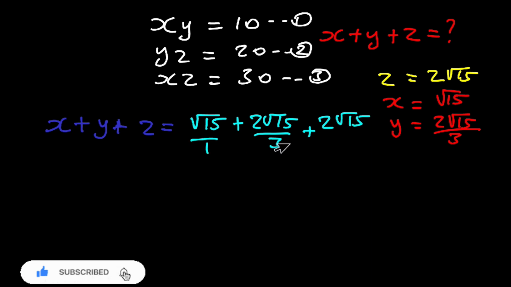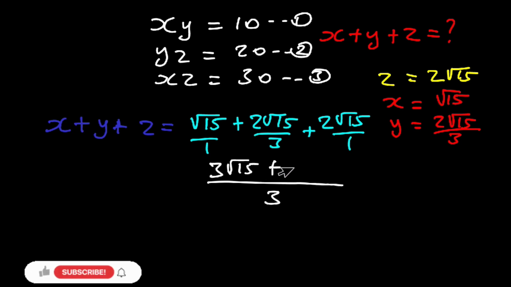Now all of this over 1. So let's find the LCM of 1, 3, and 1. The LCM is equal to 3. So 3 divided by 1 is 3. 3 times root 15 is 3 root 15, plus 3 divided by 3 is 1, 1 times 2 root 15 is equal to 2 root 15. 3 divided by 1 is 3.